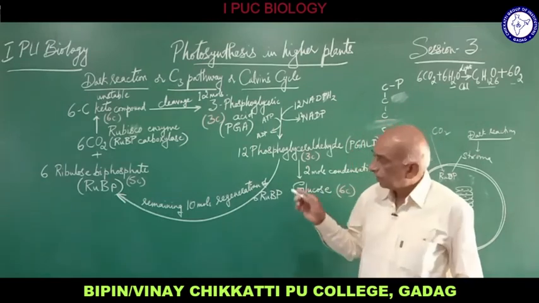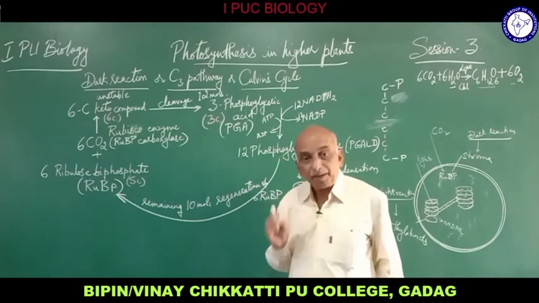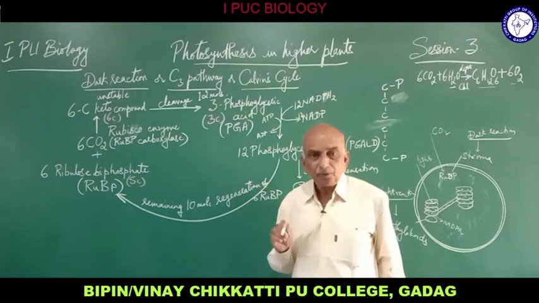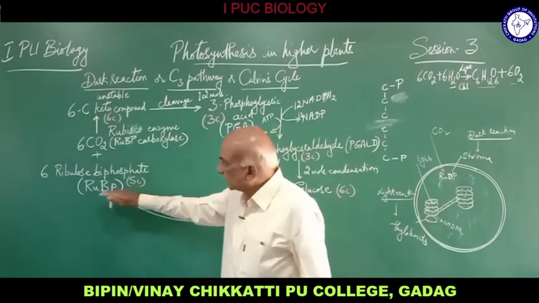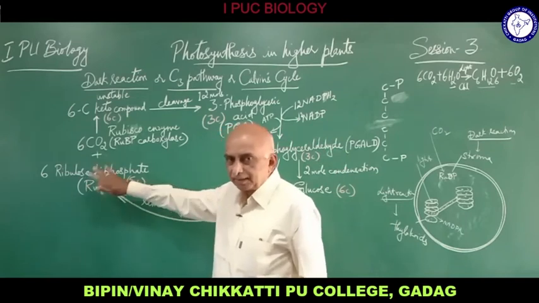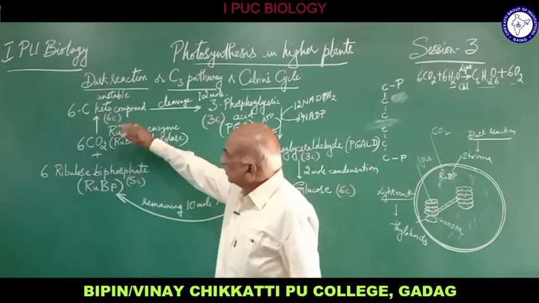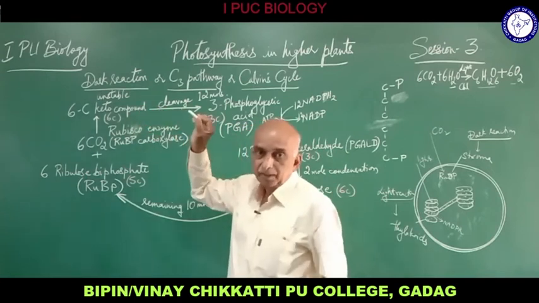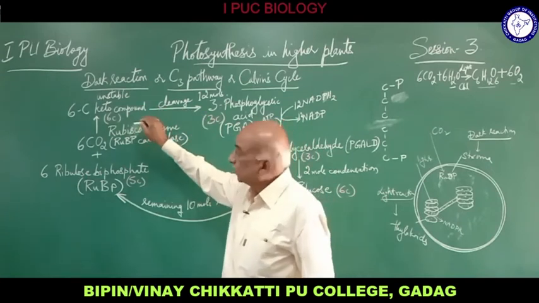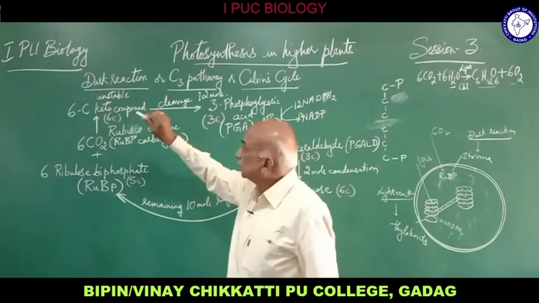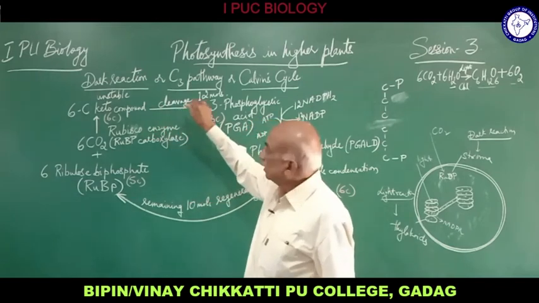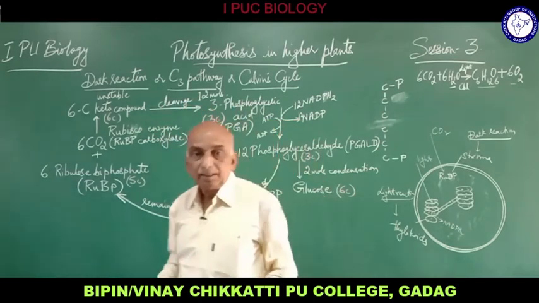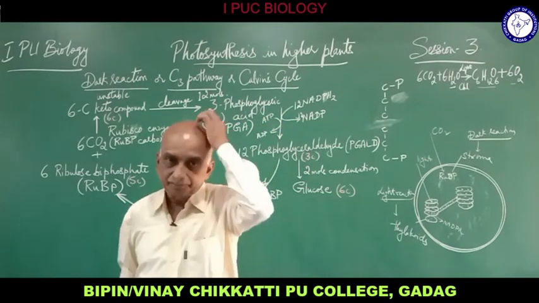And here the first stable compound formed in this reaction is a 3-carbon compound. The reaction starts here with a compound which is already present. Now this is the new compound which is formed, but it is unstable. We cannot recognize the nature of this compound. It soon dissociates and forms PGA. The PGA is a stable compound.